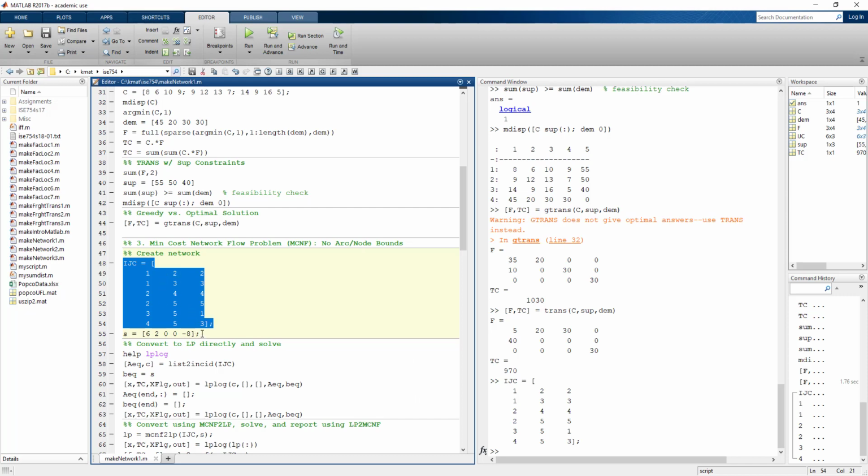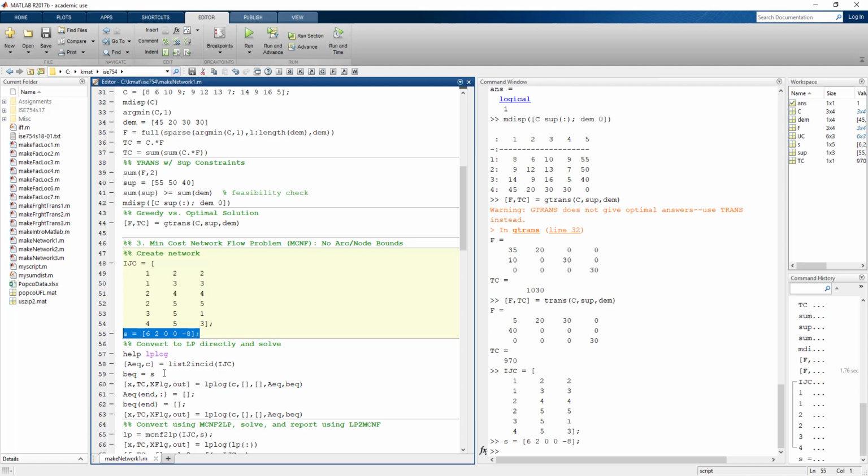And then the other information is the net node supply, and that's indicated as a single vector S. Positive values indicate supply available at the node. Negative values represent the amount demanded at a node. And then zeros represent transshipment nodes that have no net supply or demand requirements. Everything just flows across them. So that's the second thing.